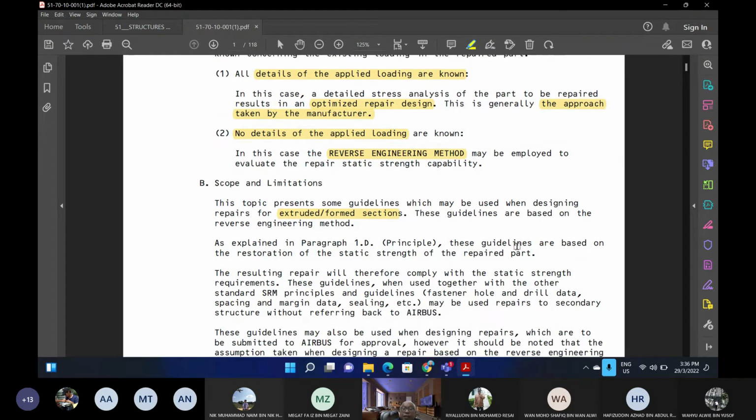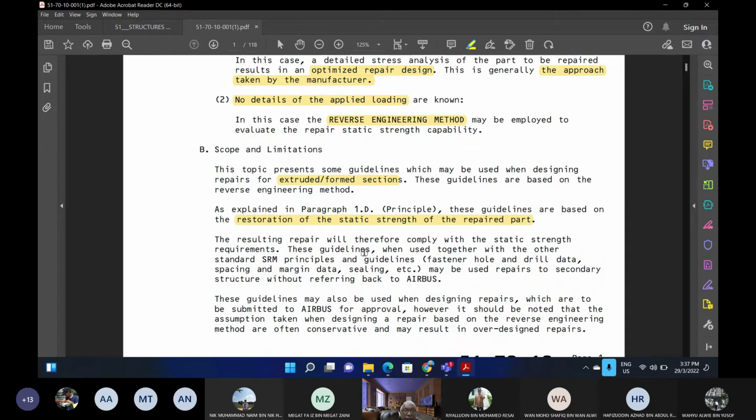And then you mentioned again, the repair is for restoration of static strength. The resulting repair will therefore comply with the static strength requirement. This guideline, when used together with other standard design principles and guidelines, fastener hole, drill data, spacing, margin, sealing, may be used for repair to secondary structure without referring back to Airbus.